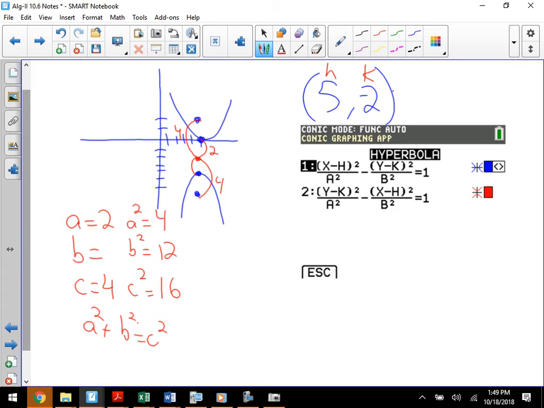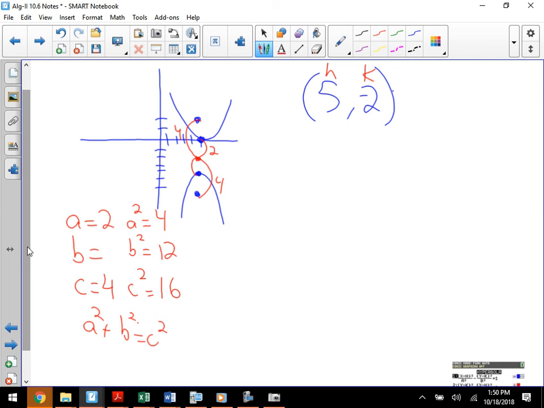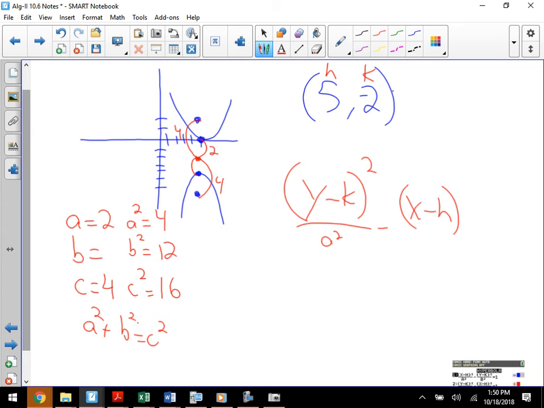Your h and k is always written out h, k, but the formula that we're using has k written first. Anytime the k value comes first, please take a second to make sure you don't accidentally write y minus 5, because k is -2.